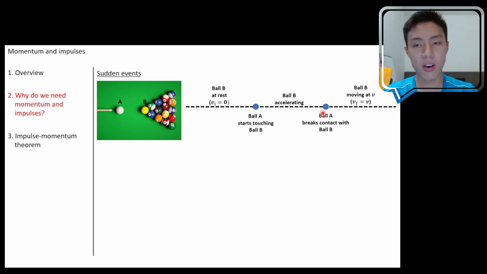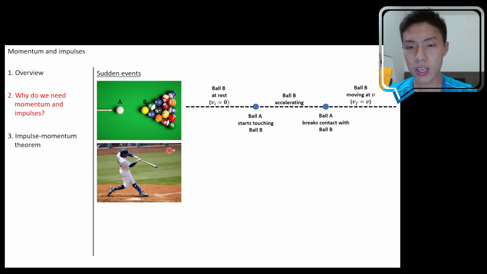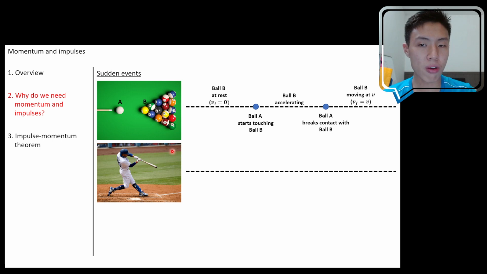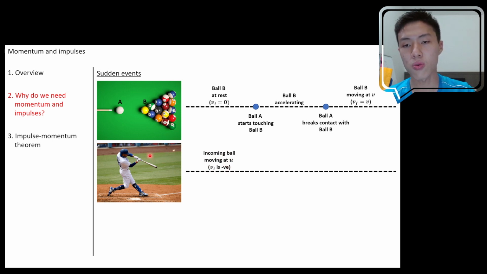Okay, the next example will be a baseball coming towards the bat and the bat hitting the baseball. Our object of interest here is the baseball. Initially the baseball is coming with a negative velocity because it's moving towards the left.